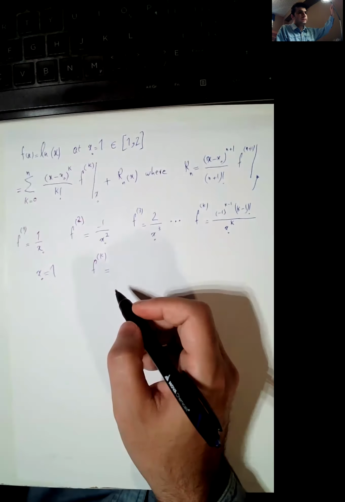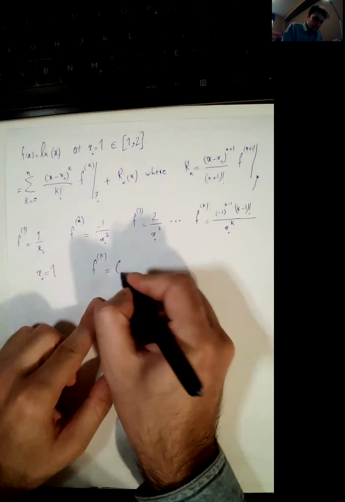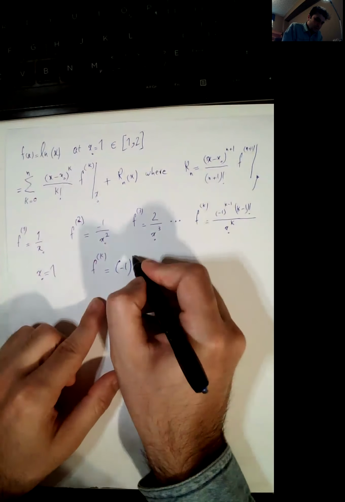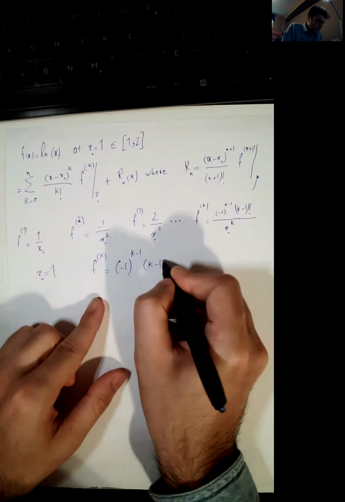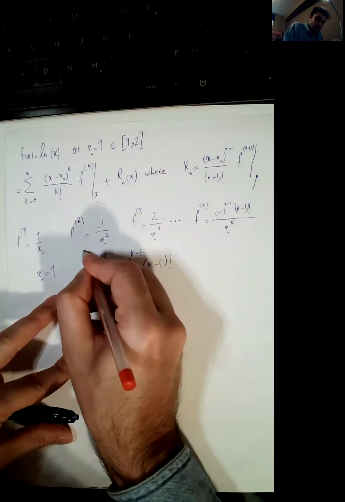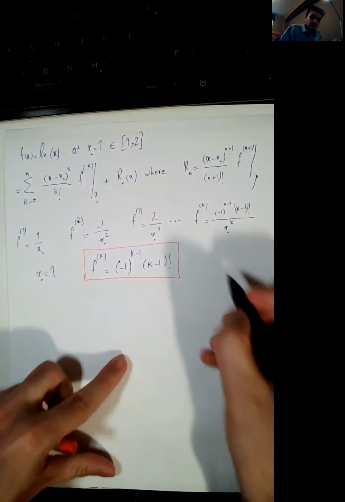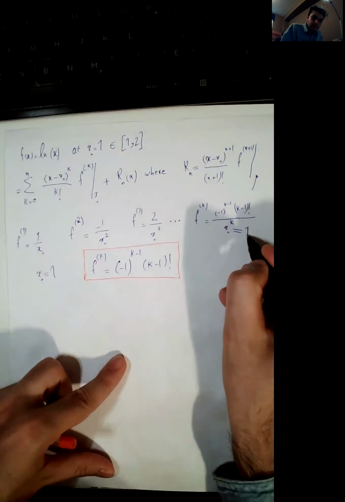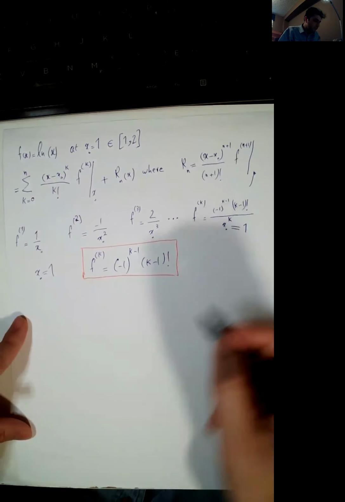So f^(k) will be (minus 1)^(k minus 1) times (k minus 1) factorial.